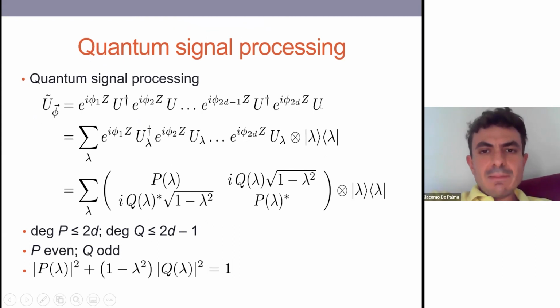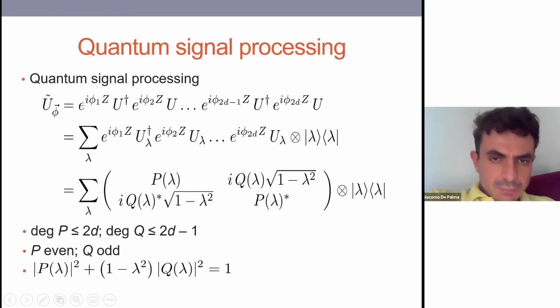Here we apply a string of operators, and as you can see, we are alternating application of U, a rotation along the Z axis on the auxiliary qubit, application of U dagger, another rotation along the Z axis on the auxiliary qubit. And we combine this operation several times.